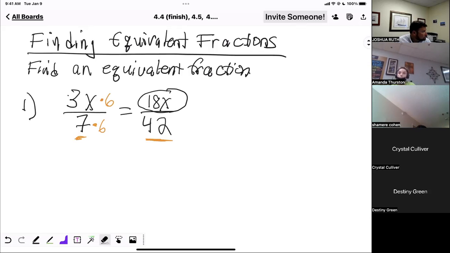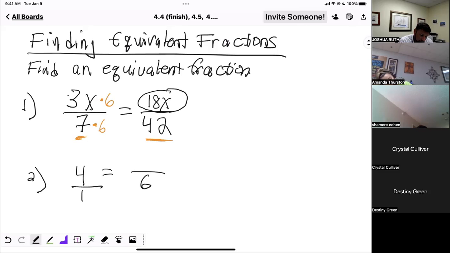I'll do some more so you can see. Let's say I have 4 equals something over 6. So no variables. Don't forget that 4 is really over 1. So how do I go? What I have is not the same.